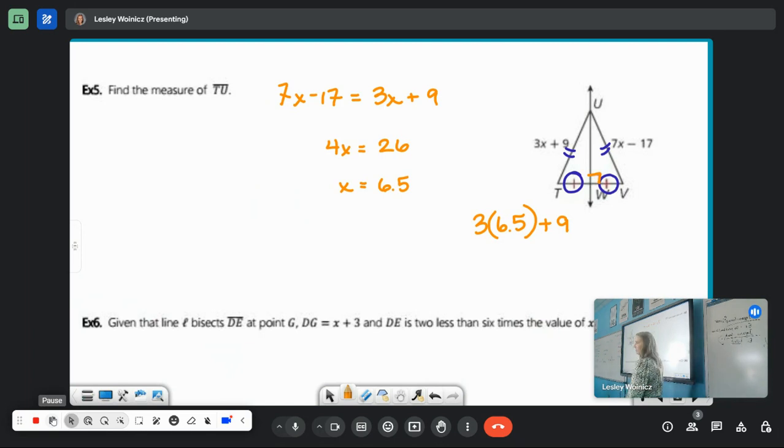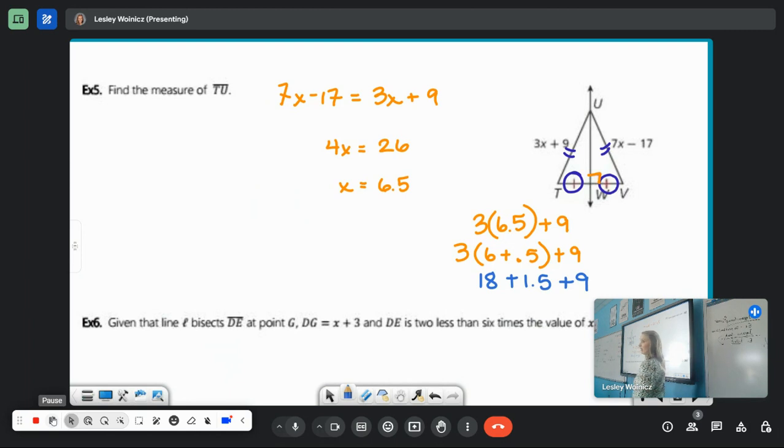Okay, now, you guys all know the distributive property, right? Okay, I want you to rewrite this as 3 times 6 plus 0.5 plus 9. What is 3 times 6? 18. What is 3 times a half? Oh, now it turned into a problem that I can do without a calculator. Look at that. You guys can do 18 plus 9 plus 1.5. No problem. Because one of these days in Algebra 2, they're going to take away your calculator.